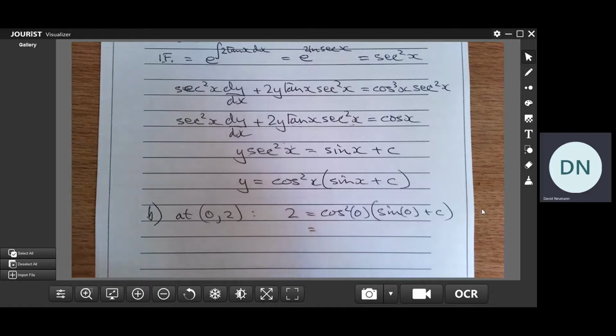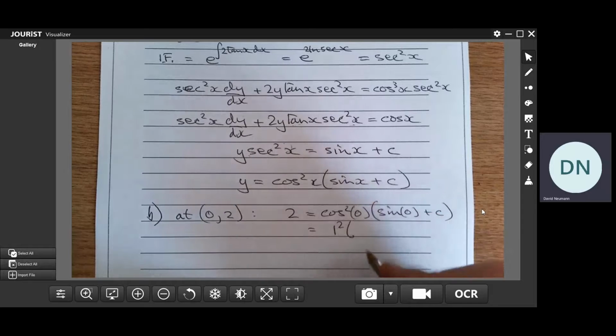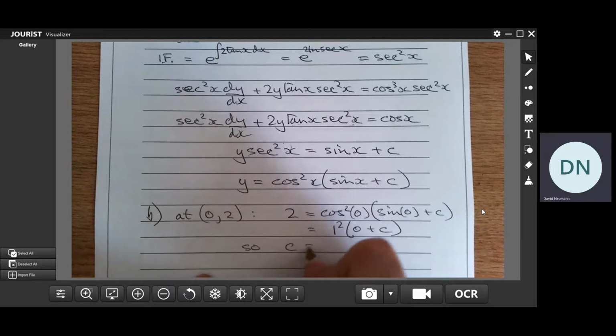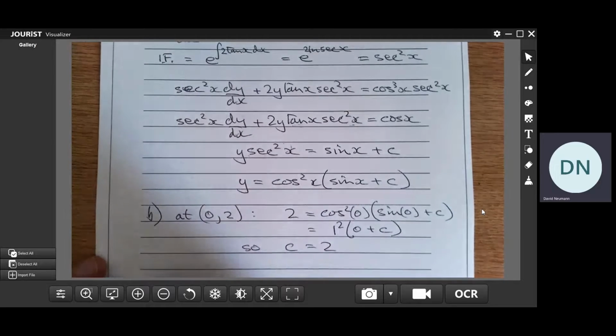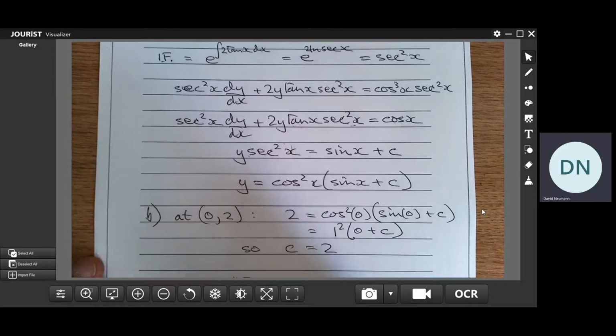Cos of 0 is 1, so it's 1 squared times 0 plus c. So c equals 2. And we have the particular solution, y is equal to cos squared x times sine x plus 2.